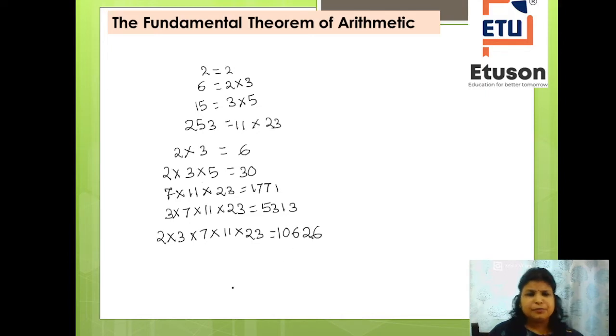So likewise, what I am trying to tell you is that if you keep on multiplying the prime numbers, the numbers become greater and greater. Is there any limit to it? Definitely not.